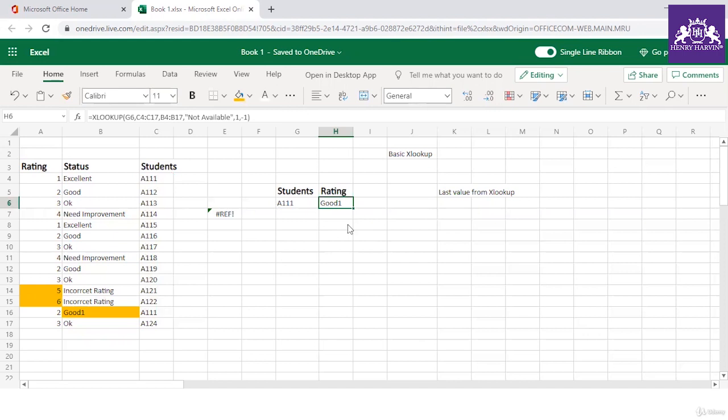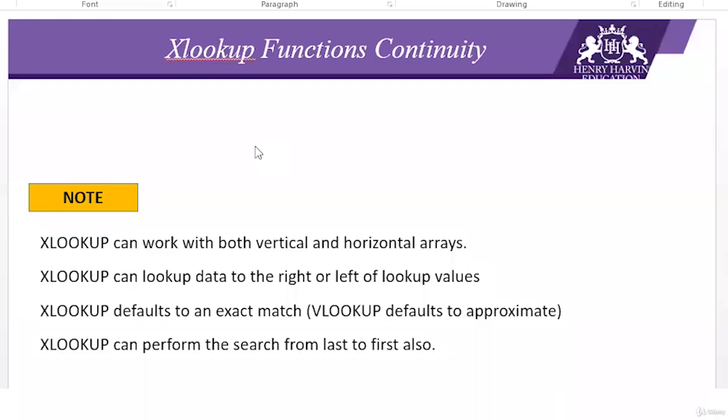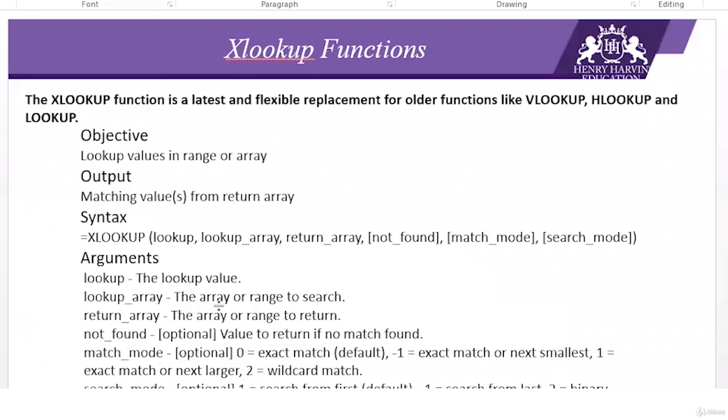All right. So let me jump to my PPT and show you some examples on this. So not found, this is optional. Return a value if no match is found. Match mode, guys: 0 means exact match, and exact match is the default. -1 equals exact match or next smallest.